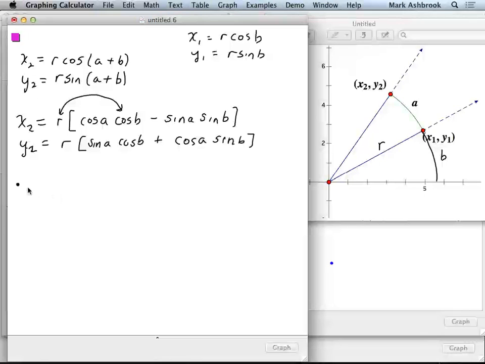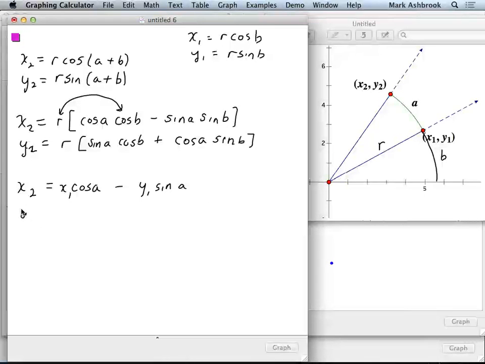Okay, so x2 is cosine A times x1 minus y1 sine A, right? Look at that. So now we got our desired inputs, right?